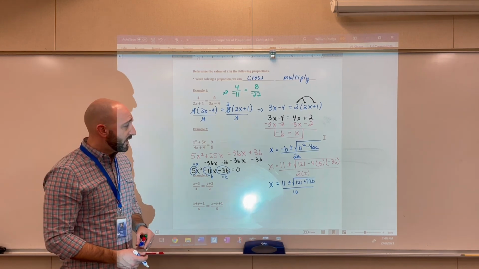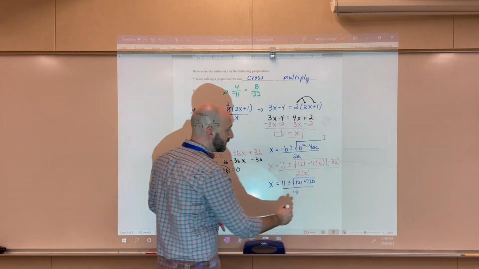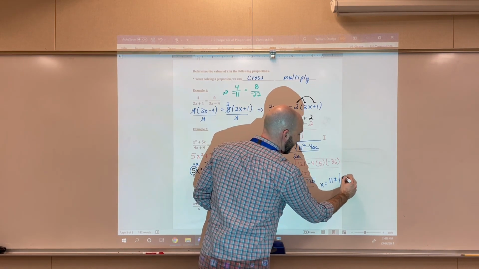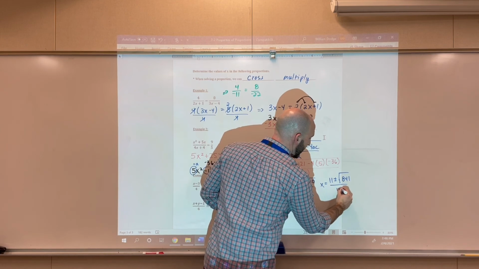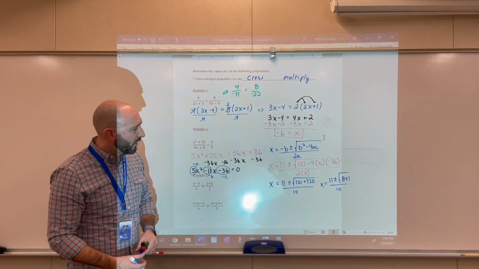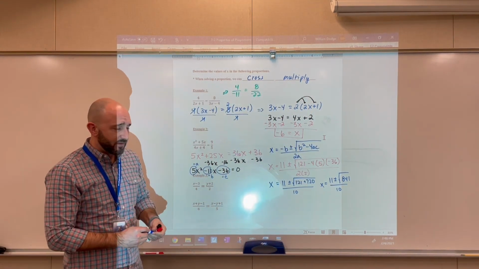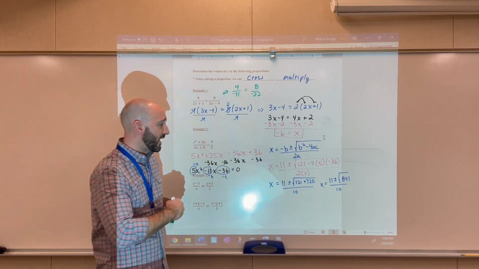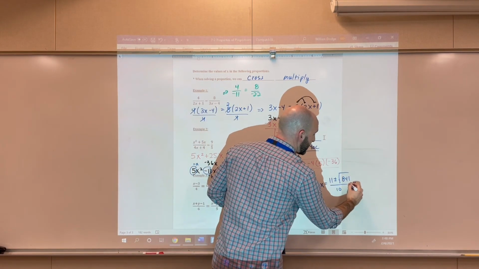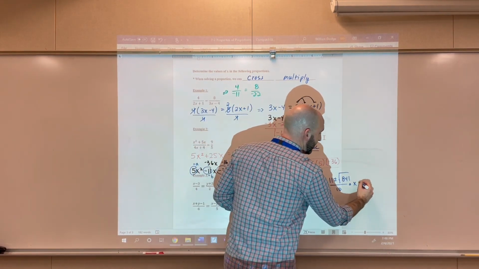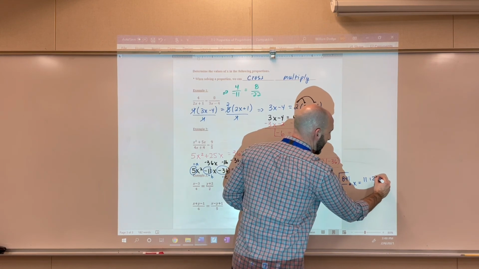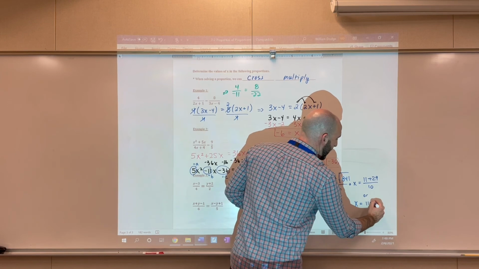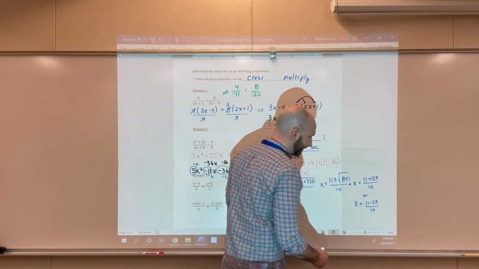121 plus 720 is 841. So x is going to equal 11 plus or minus the square root of 841 all over 10. I know 841 looks a little intimidating, but that's actually a perfect square. The square root of 841 is equal to 29. So the solutions to this equation are going to be x equals 11 plus 29 over 10, or 11 minus 29 over 10.